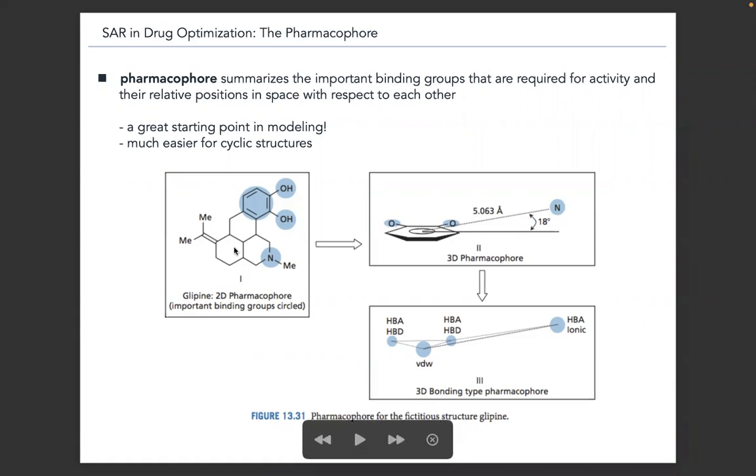You can imagine that they sit as chair-like structures, and so they fill a 3D space that's actually not just a flat molecule. You would imagine that if you laid this thing down on the table it would just be flat, but there's actually this 18-degree type angle that you need to account for.